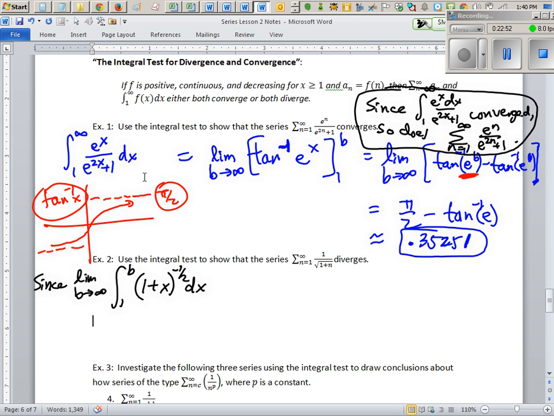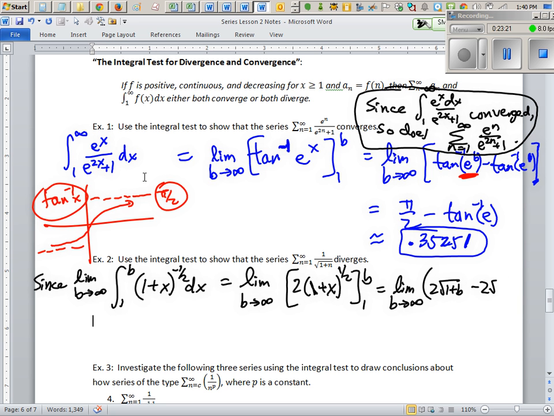I put, since the limit as b goes to infinity of the integral from 1 to b of 1 plus x to the minus half dx is equal to the limit as b goes to infinity of 2 times 1 plus x to the positive half between 1 and b, which in turn is the limit as b goes to infinity of 2 root 1 plus b minus 2 root 2 equals infinity.